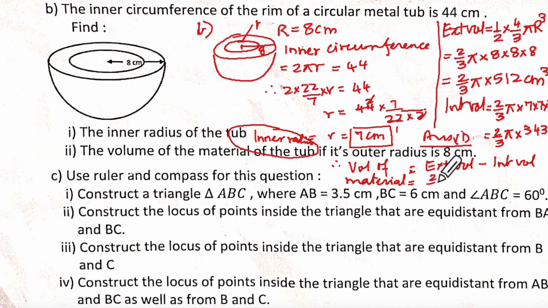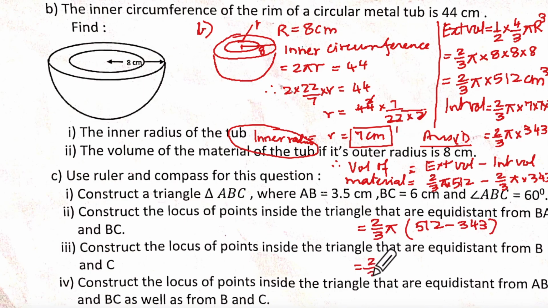So it becomes 2 upon 3 pi into 512 minus 2 upon 3 pi into 343. Okay, show this separately and then substitute. Now tell me, how much does that give me? 2 upon 3 pi into bracket 512 minus 343.